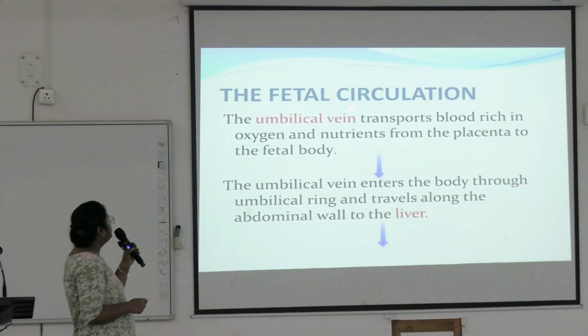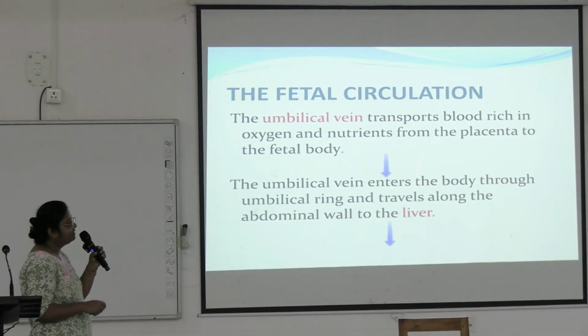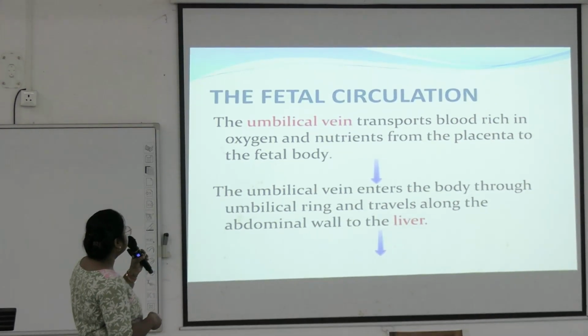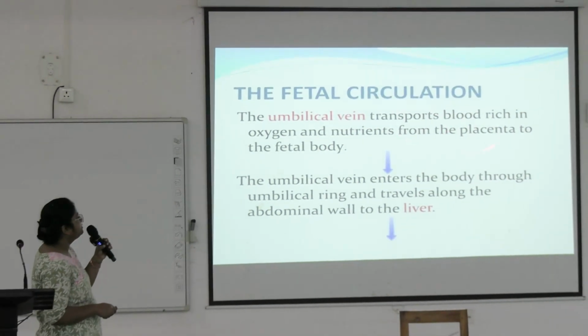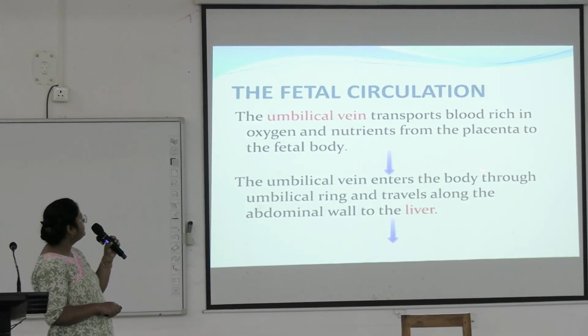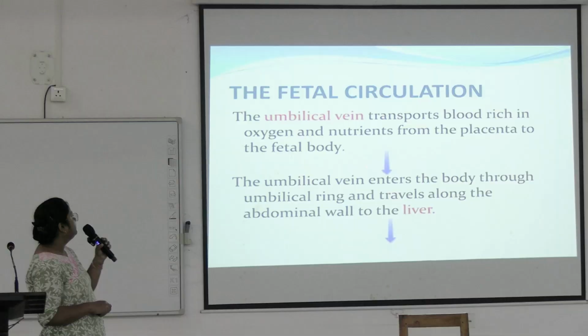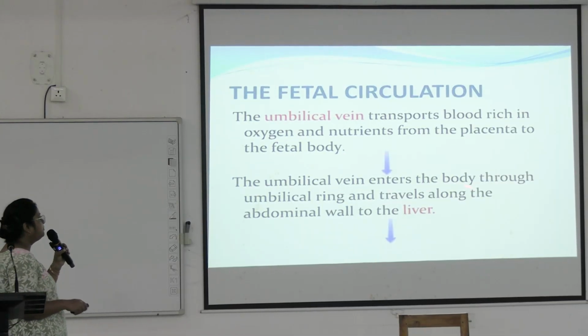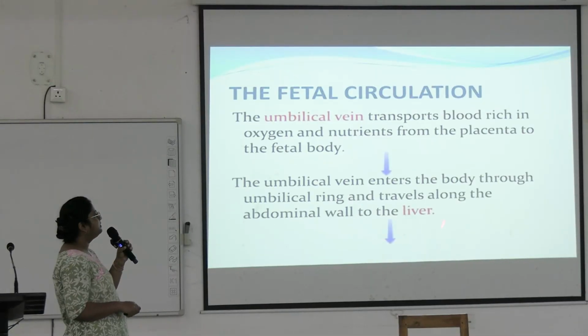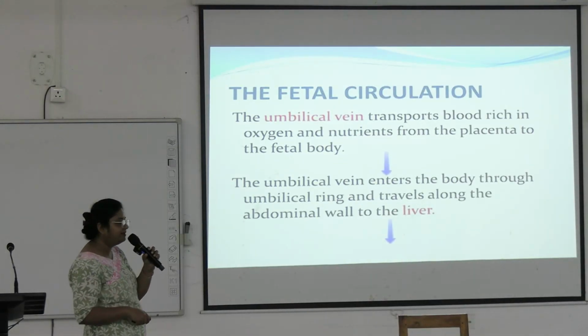So this flow chart represents the whole circulation. First, the umbilical vein transports the blood rich in oxygen and nutrients from the placenta to the fetal body. Then the umbilical vein enters the body through the umbilical ring and travels along the abdominal wall to the liver.